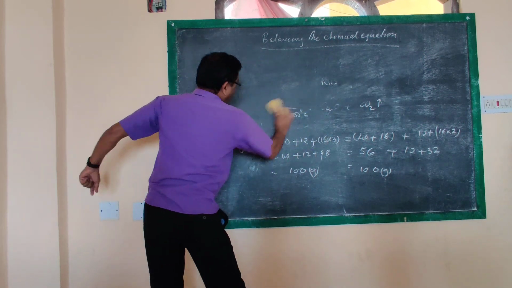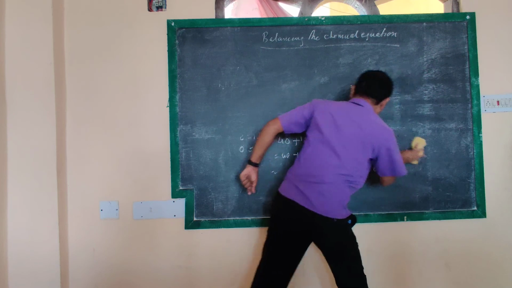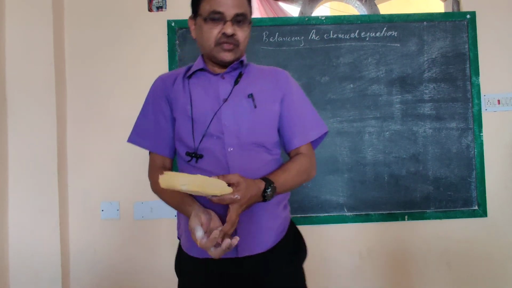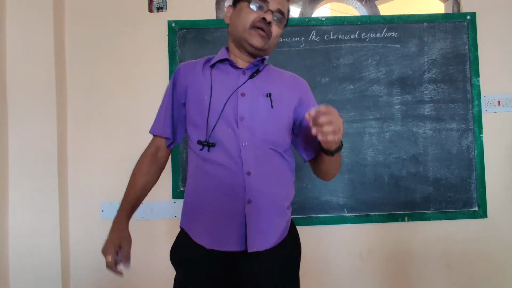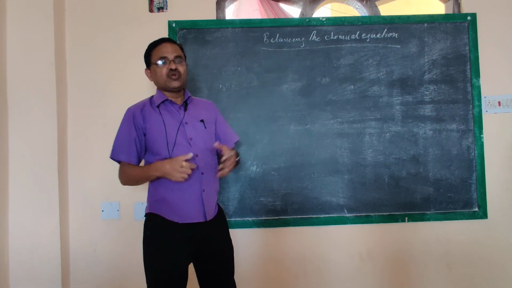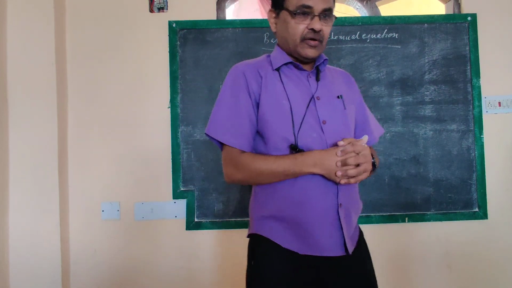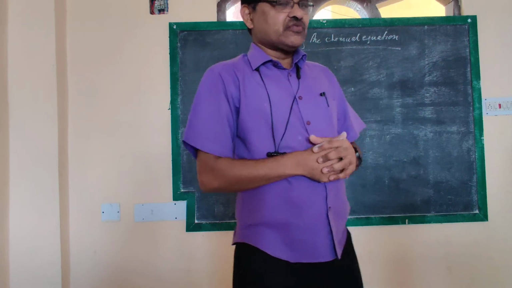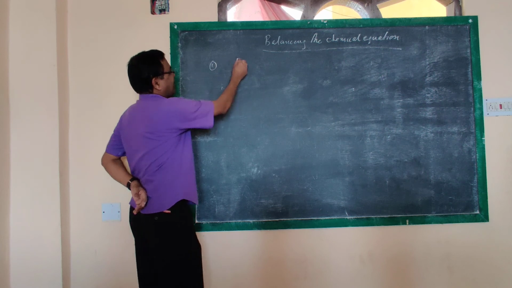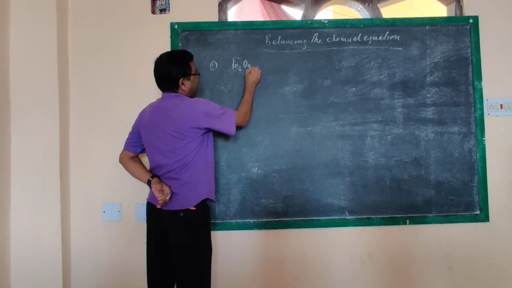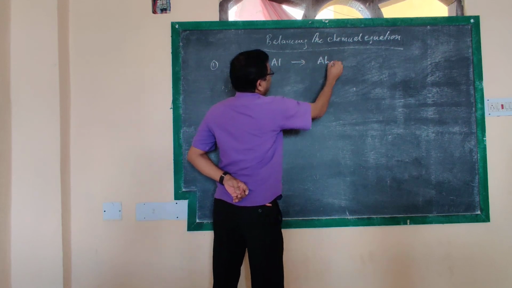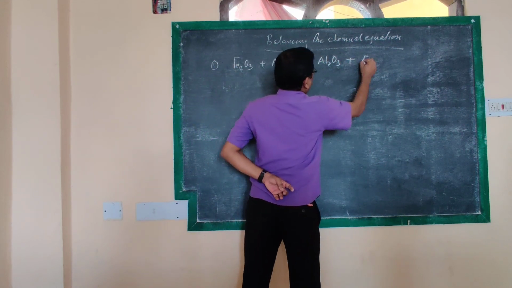Now, keeping all this in mind, we balance the chemical equation. Balancing chemical equations is, for some of us, a very difficult process. So if we follow some rules or some tricks that we will be learning now, things will become easy for you. Let us take a first example: Fe2O3, that is ferric oxide, treated with aluminium gives aluminium oxide plus Fe.